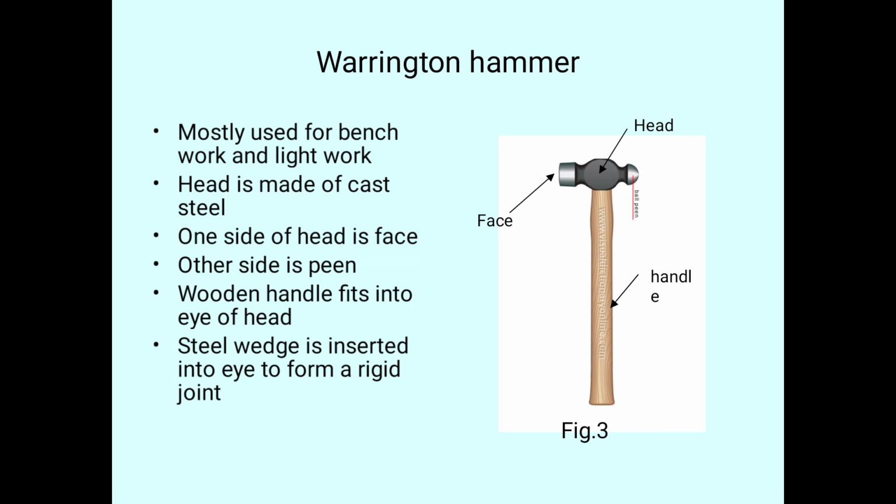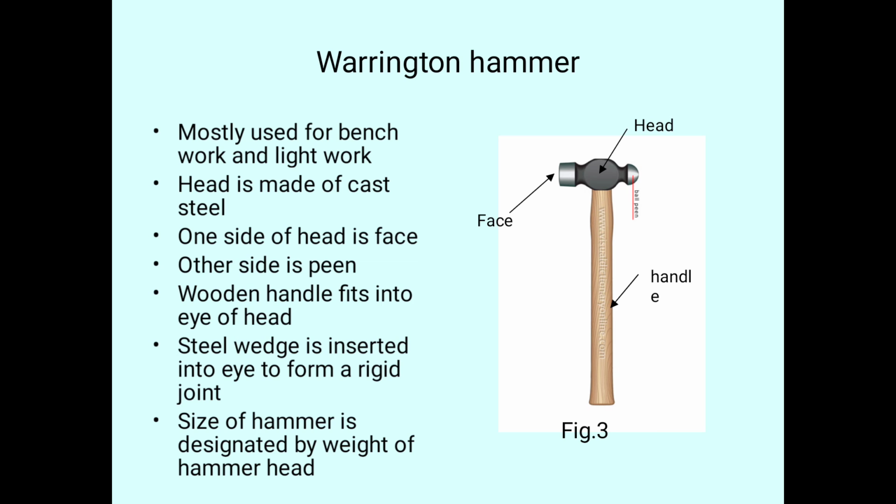If the handle is not exactly aligned in the eye of the head, to make a rigid joint we insert a steel wedge or wood wedges, so that we can fix the handle to the head.